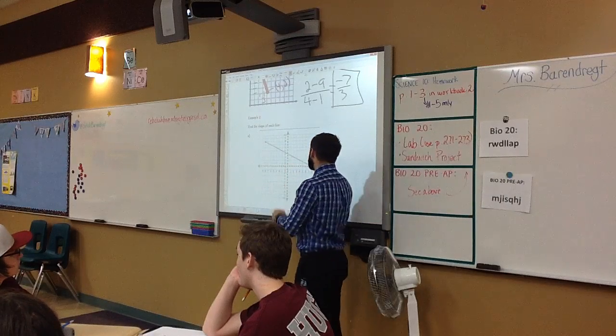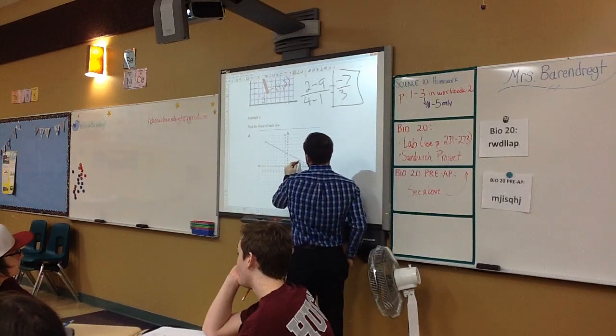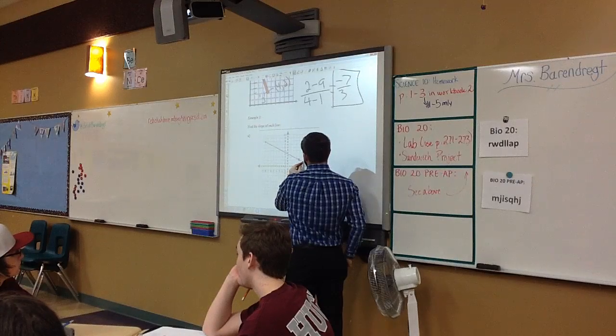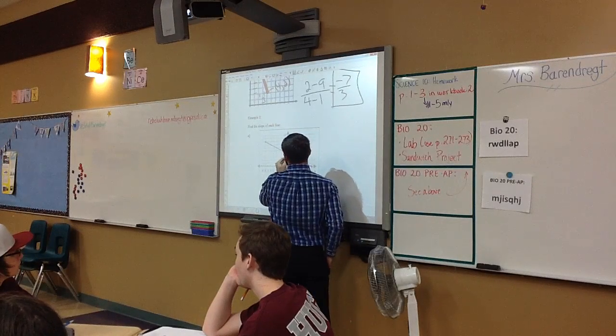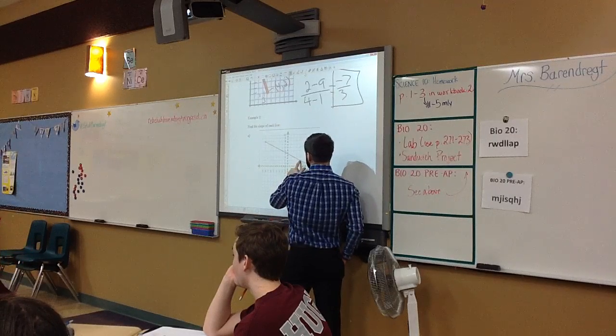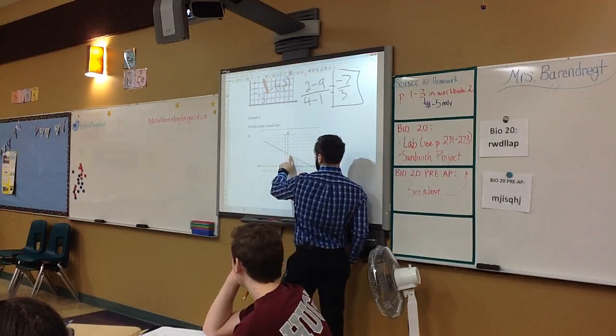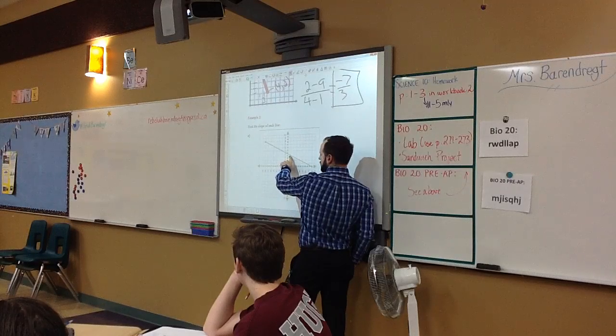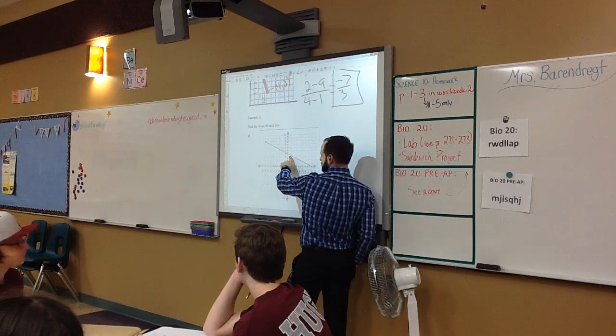Now, the difference between picking this point and picking this point would be what? Why would I pick this point as opposed to this point? Can I get an accurate ordered pair here?